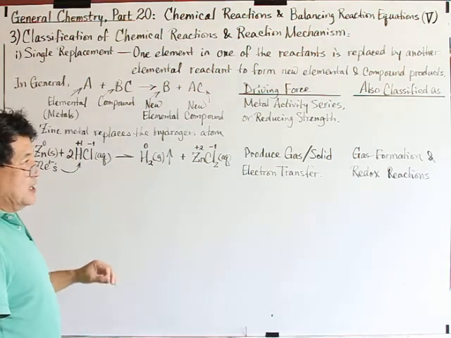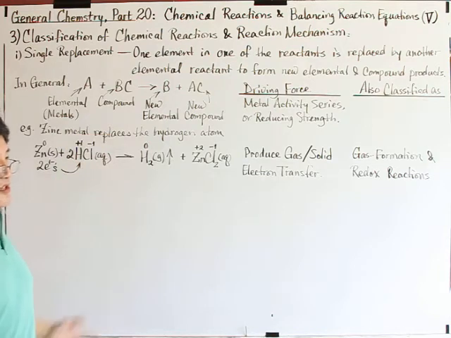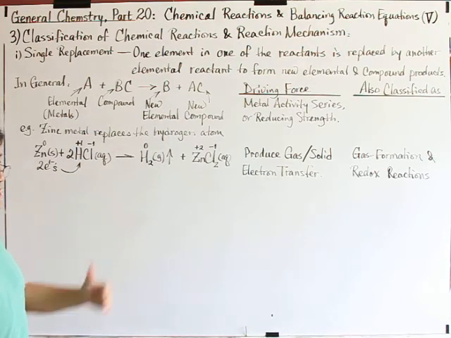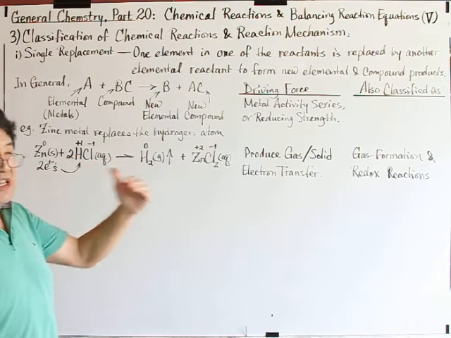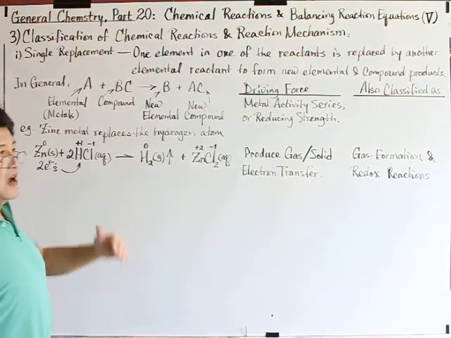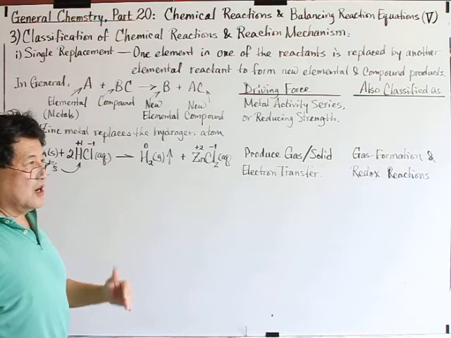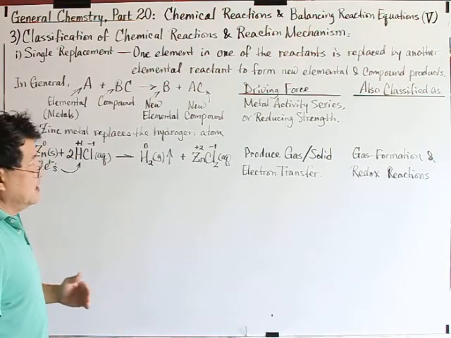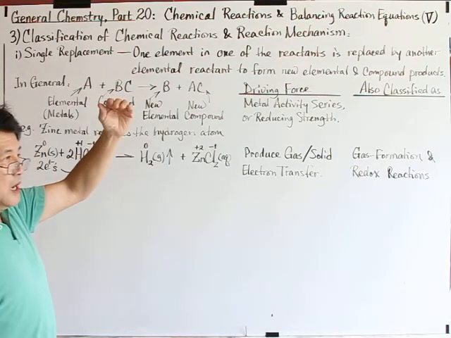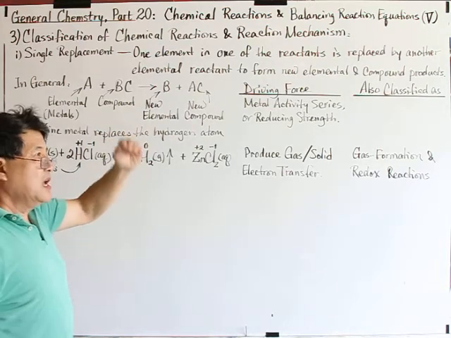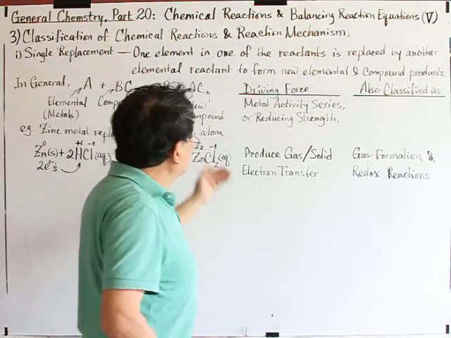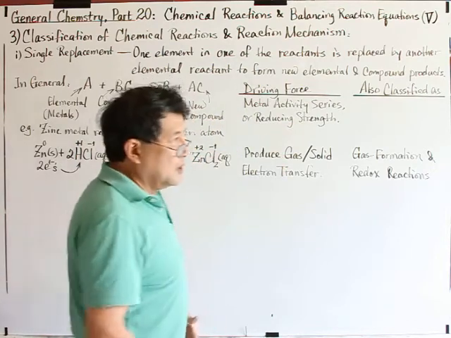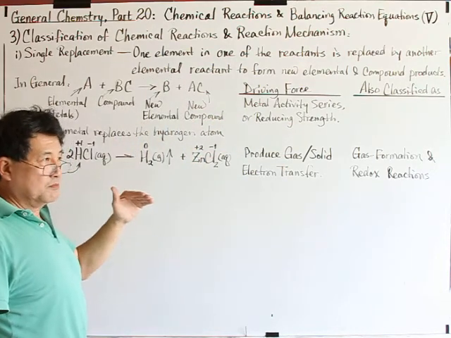It lists more than a dozen different metals, and the top one will be the metal with the strongest replacing ability, and the bottom element will have the least replacing ability. The top one can replace any element under it on the list. So we call it the metal activity series, or go by the reducing power.